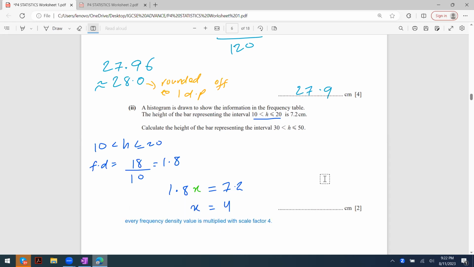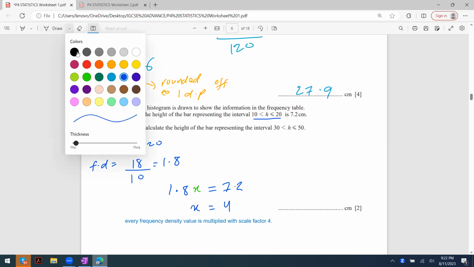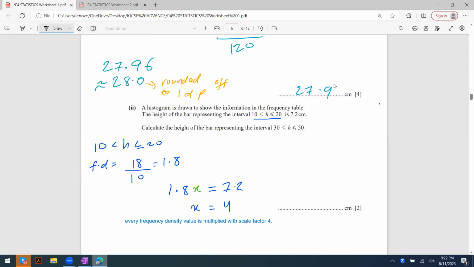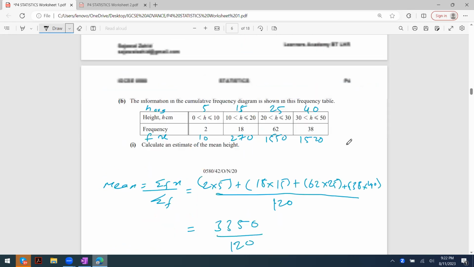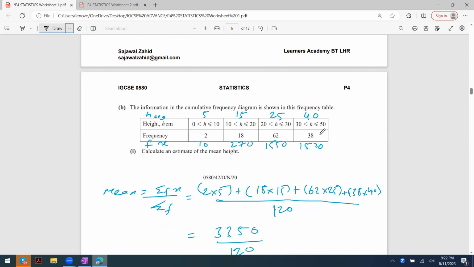So now we can find the frequency density for this new interval. They are saying 30 to 50. Frequency density is frequency over class width. Class width is 20. What is the frequency? 38.